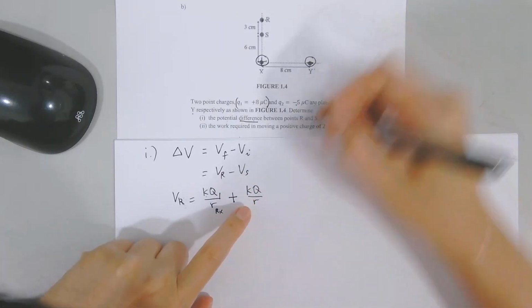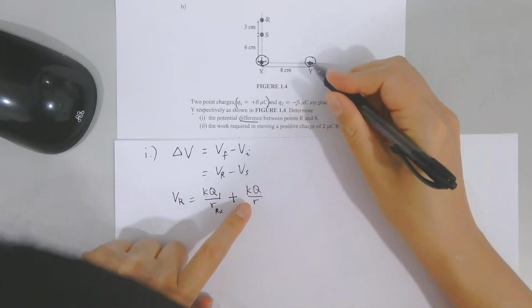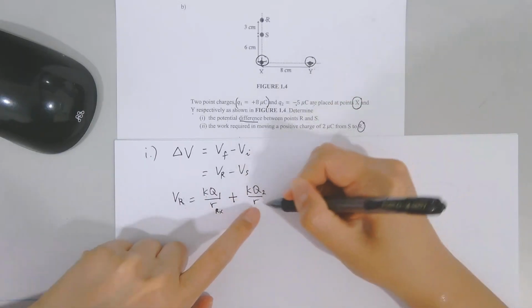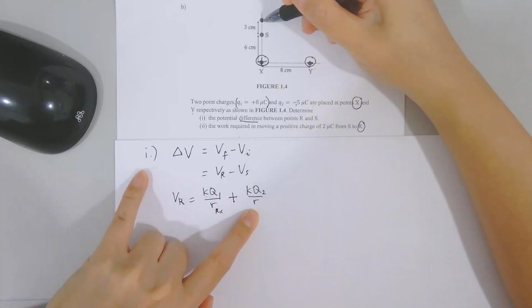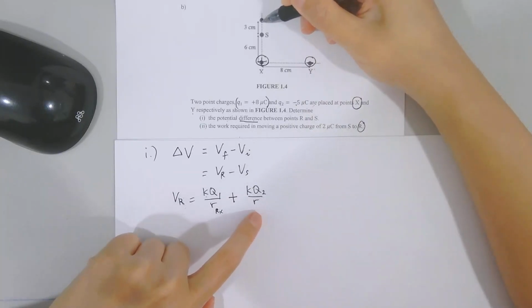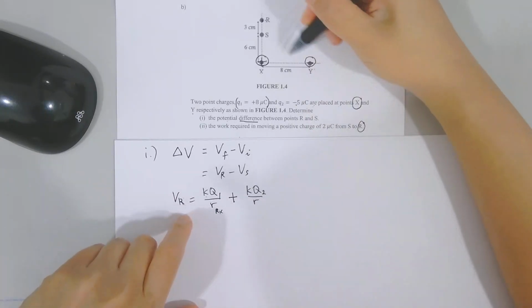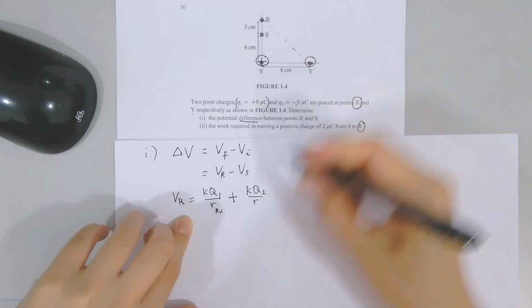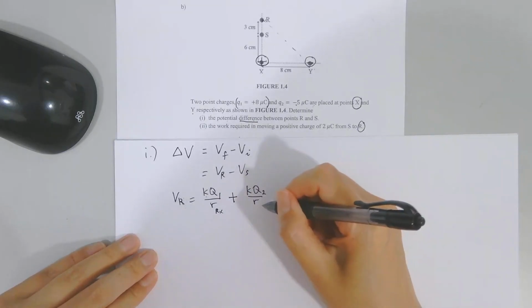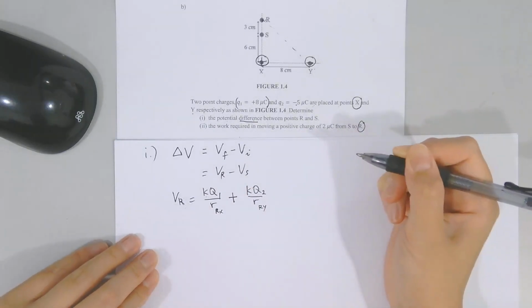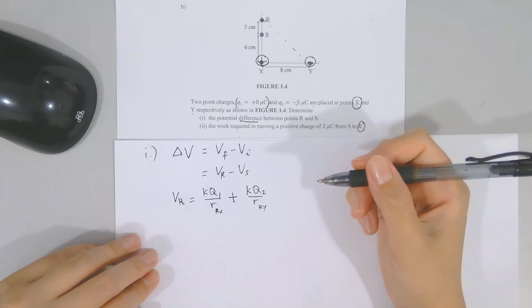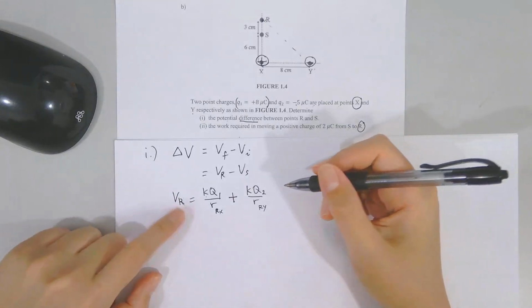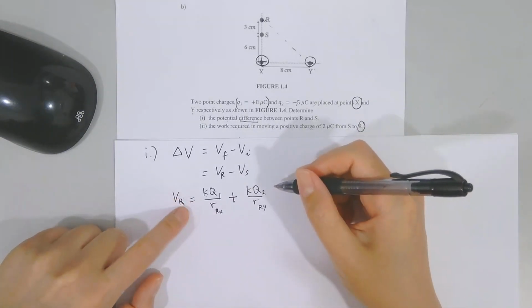Another point charge is from Q2, and the distance is measured from where? From R to Y. So you have to know what is the value for the RY later. So that's how we calculate electric potential at point R.